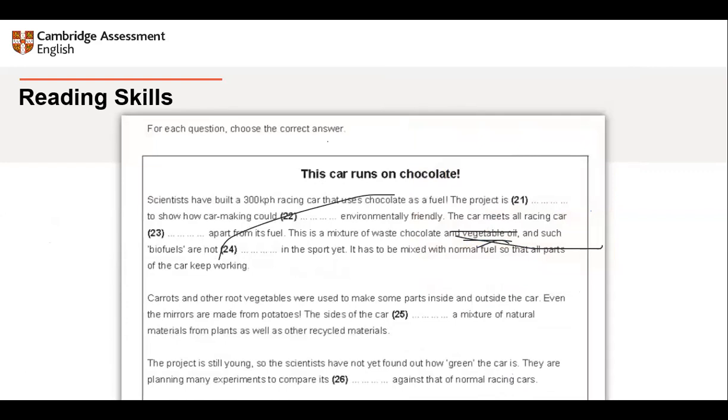So we can do a similar thing, but with a higher level group of students. In this case, we can, for example, work with the text. We show the text. We do a lot of eliciting about what's in the gaps.